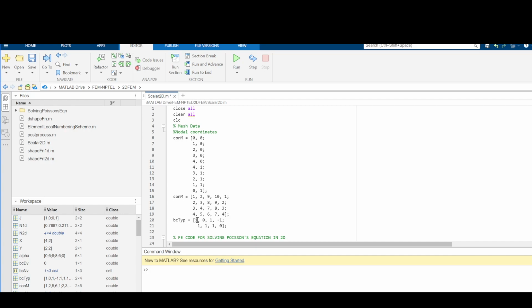So for the first element, we have no boundary condition at the first face, no at the second, and at the third, but we have a Dirichlet boundary condition at the fourth face. Fine. Then for the second element we don't have any: 0, 0, 0, 0.